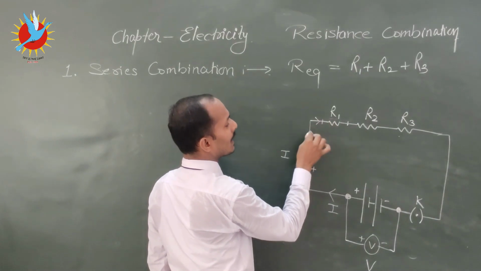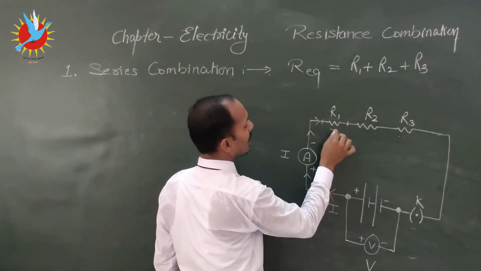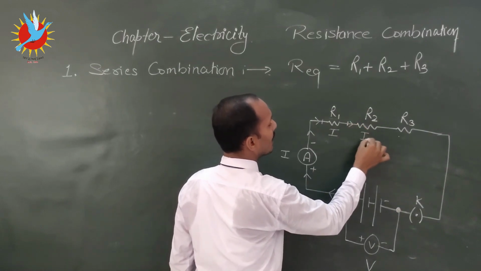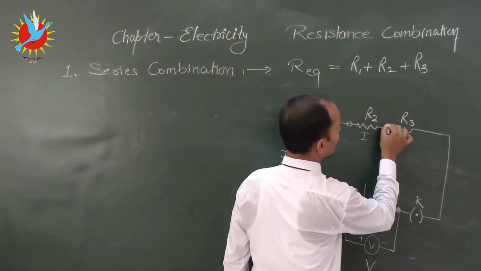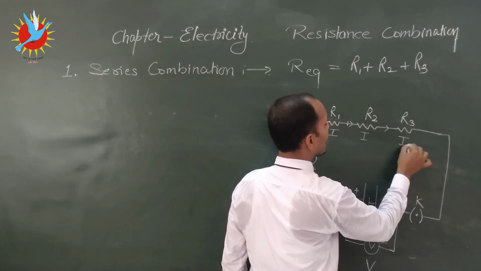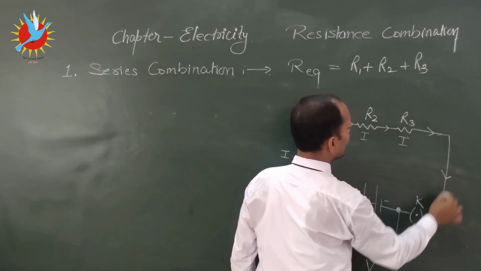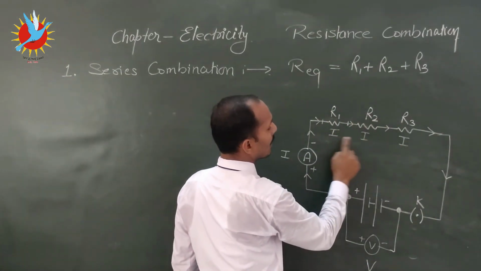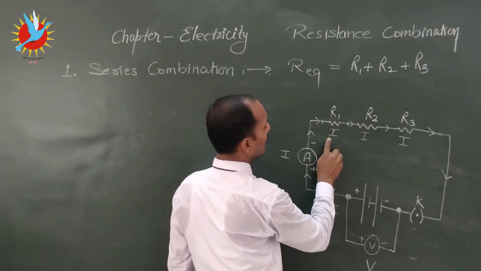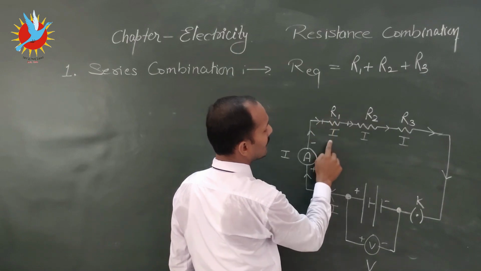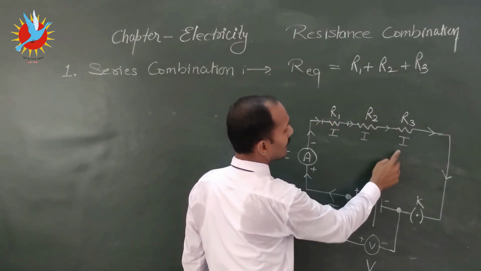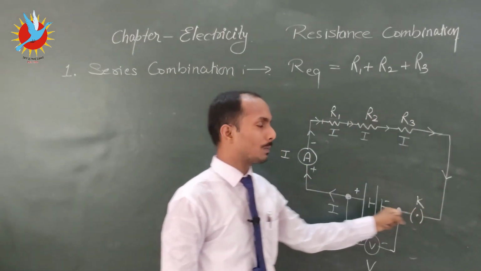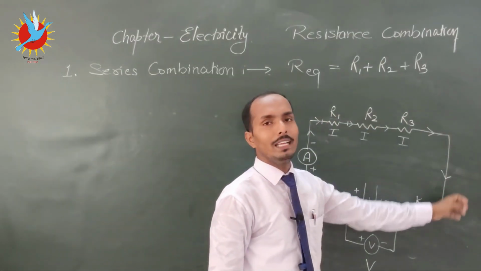Since there is a single path, the current is I, and when it passes through, there is again current I. It means all resistors have the same current I. So the current in resistor R1 is I, in R2 is I, and in R3 is also I. Remember this point: the same current flows in series.